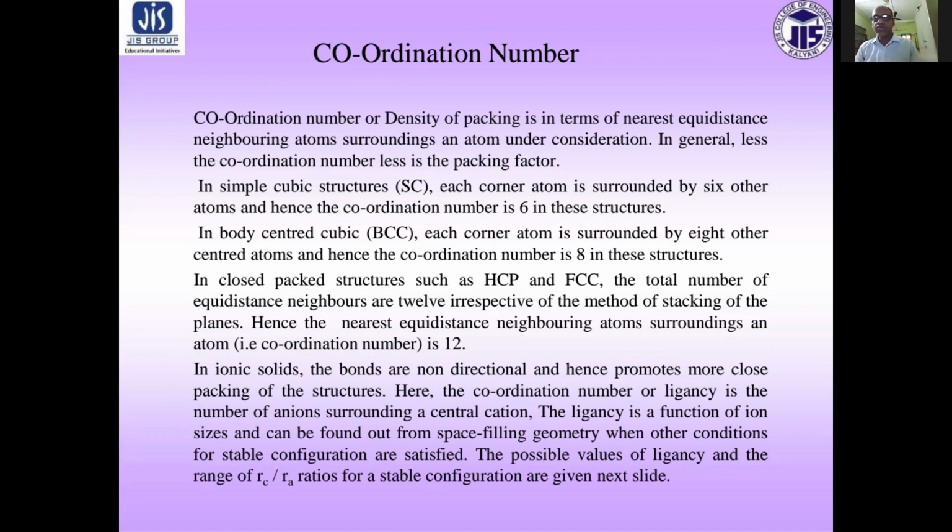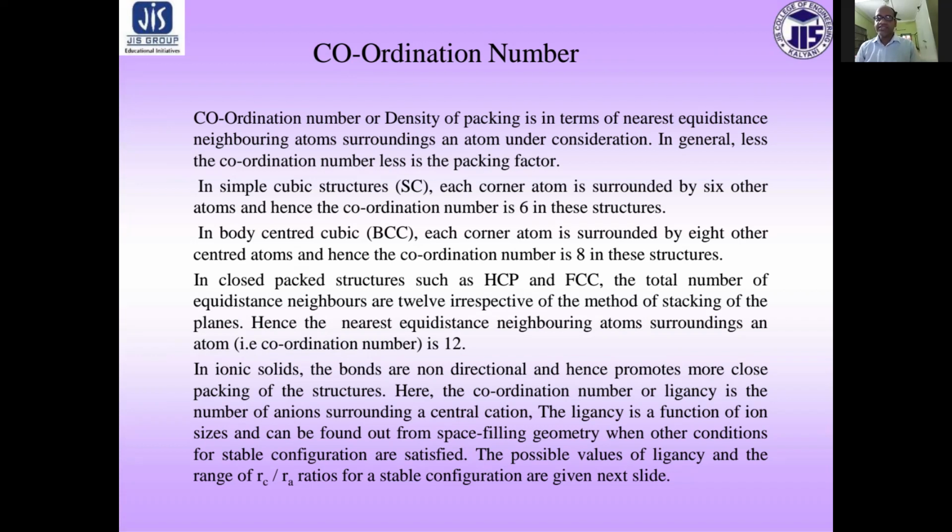Now in ionic solids, the bonds are not directional and hence promote closer packing of the structure. Here the coordination number, or it may be called ligancy, is the number of anions surrounding a central cation.